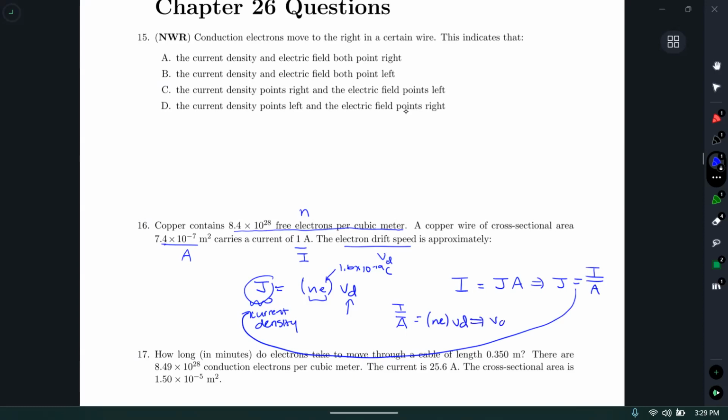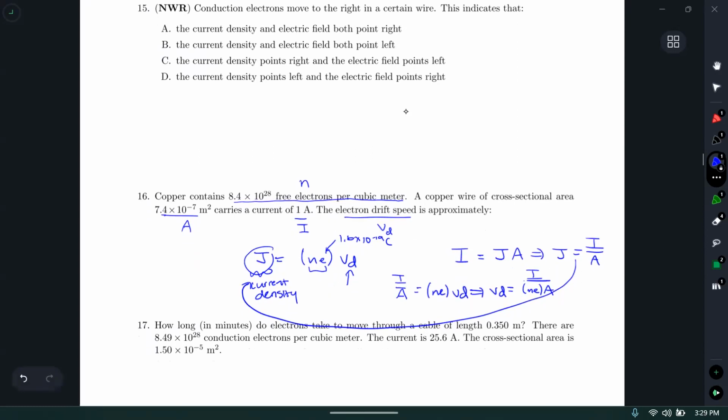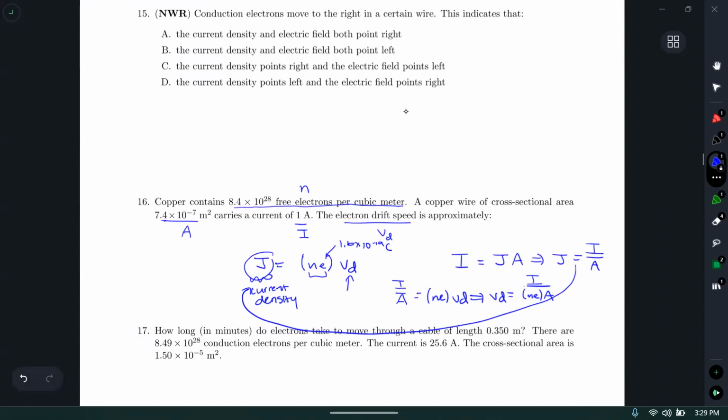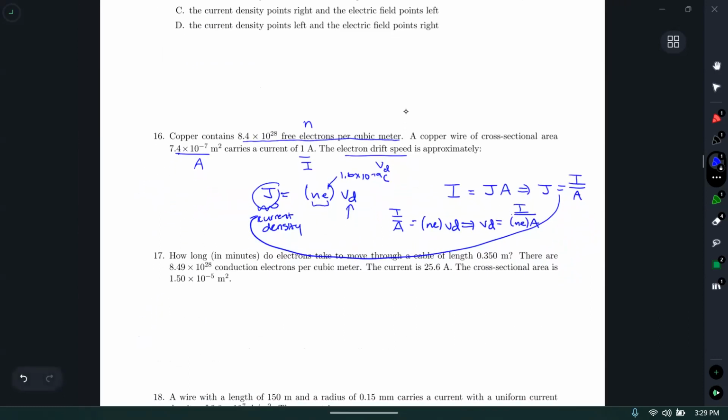Or if I solve for that drift speed, it's going to be I over N E A. So if I plug in all of those things that are given in the problem, that should get me to that drift speed. I won't do it just for the sake of time. So does that make sense, Tiffany?